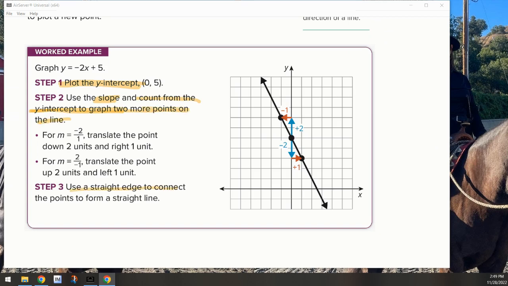Use a straight edge. The one thing I'm going to comment on there is that when you're finding slope, I always like to decide whether it's going to be positive, negative, a zero slope, or an undefined slope.